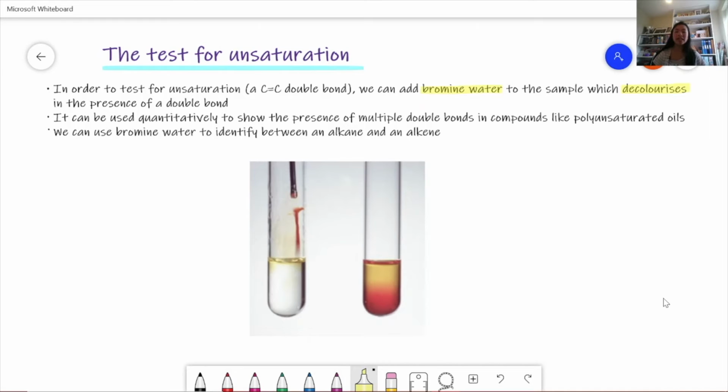And so if we were looking at this experiment, I would say that the one on the left would be the alkene because it's decolorized. So this would be the alkene. And the one on the right would be the alkane because the bromine water has stayed orange-brown.